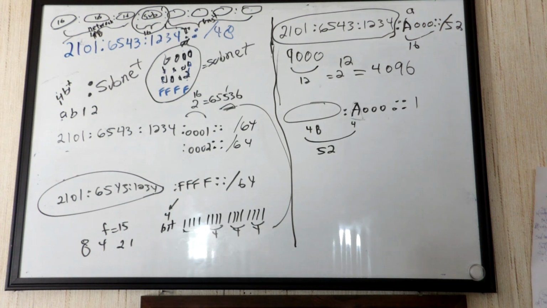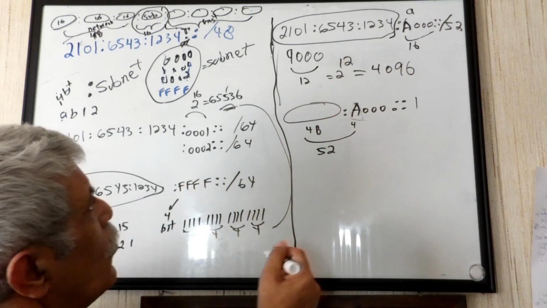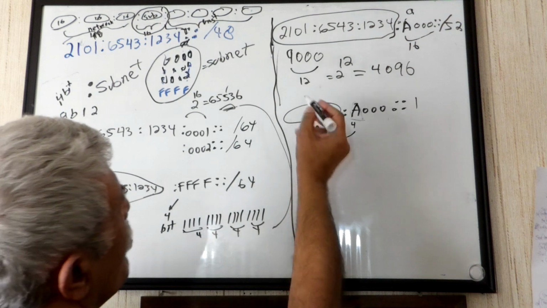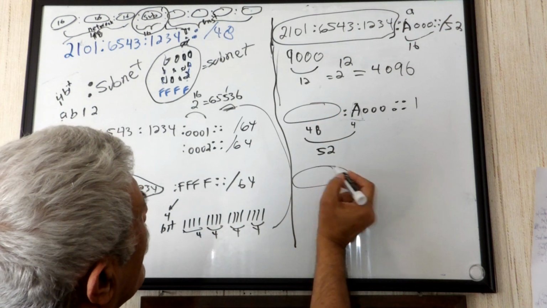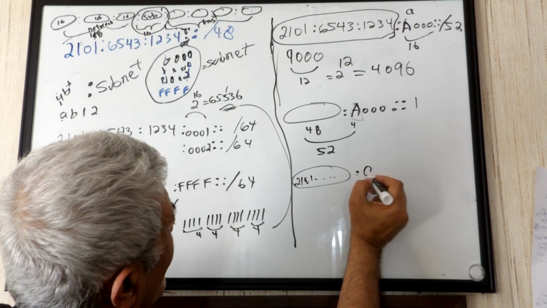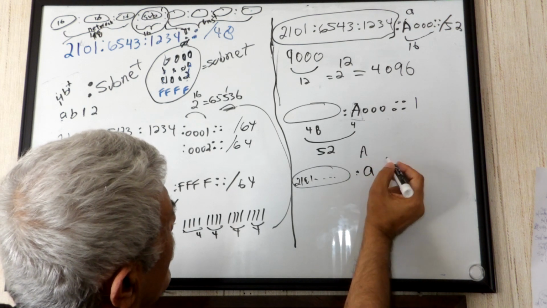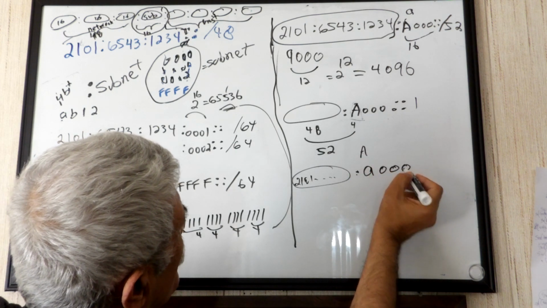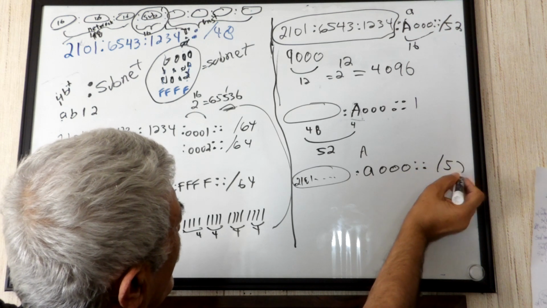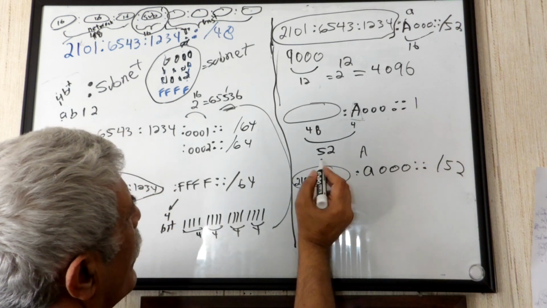But in 52, okay, where did 52 come from? We have this one here, 2001, and then A, or we can write it in this form, A000.